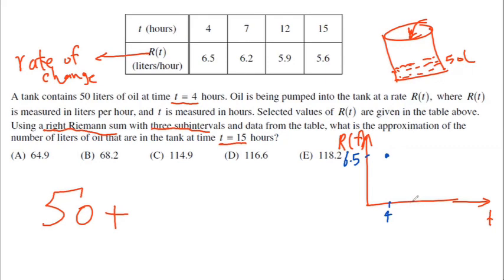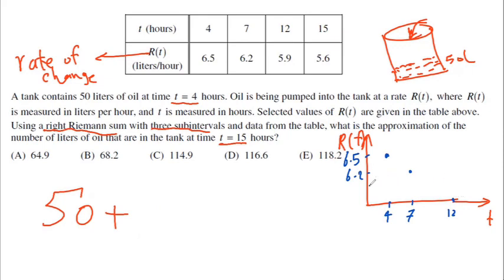Then if t equals 7, it's 6.2, a little below. Then at t equals 12, you will notice that the sub-intervals are not exactly equal. And that's fine with Riemann sums, they don't have to be the same width. So 12, 5.9.